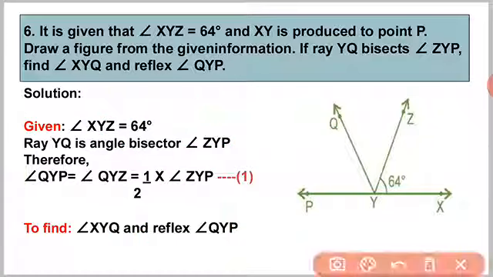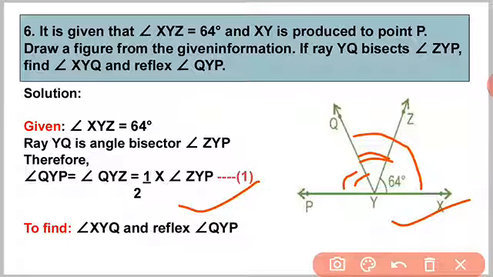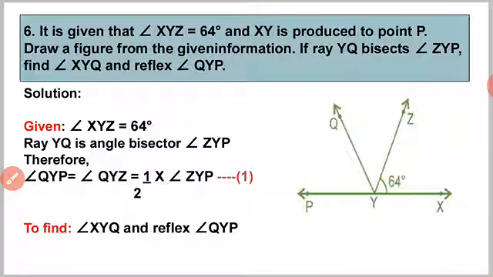So this is a diagram for this question. These two angles are equal, each half of ZYP. We need to find angle XYQ and reflex of angle PYQ. So let's start. We can see that ray YZ stands on line PX.